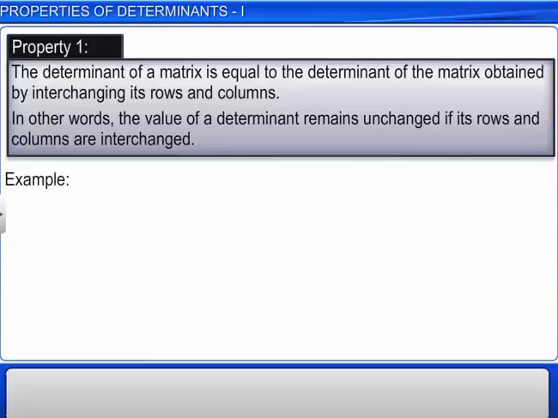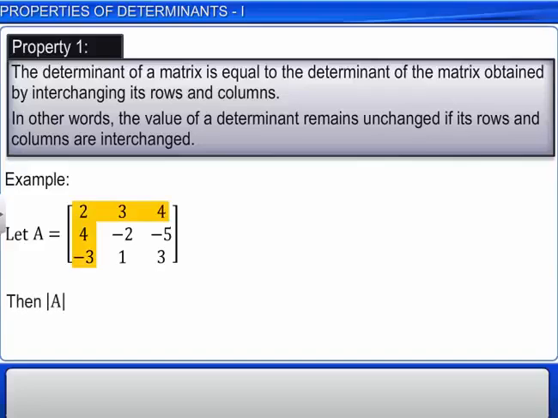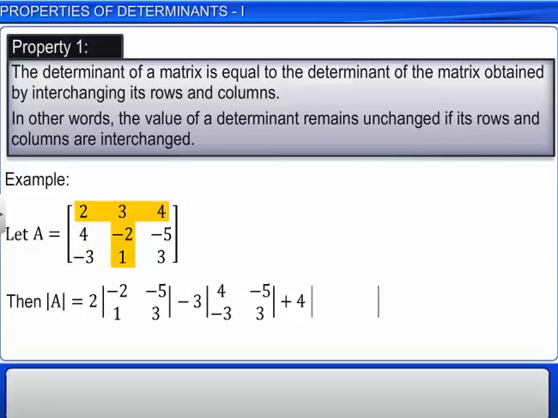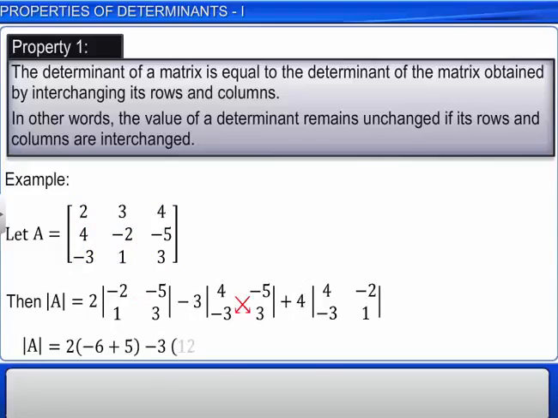Let A be a 3 by 3 square matrix as shown. On evaluating determinant A along the first row, we get it equal to -1.